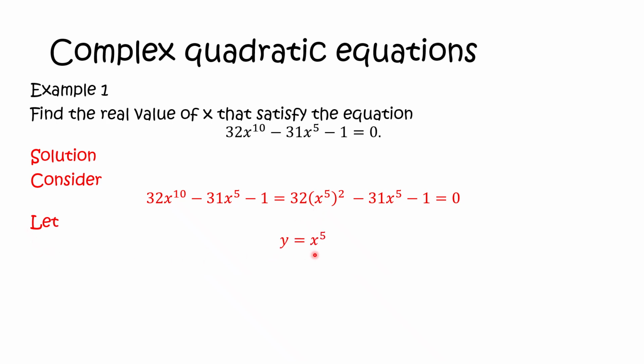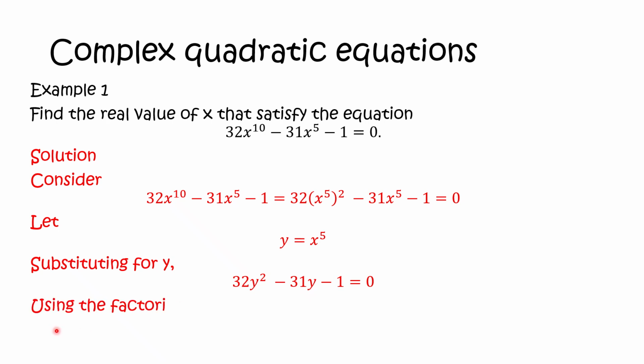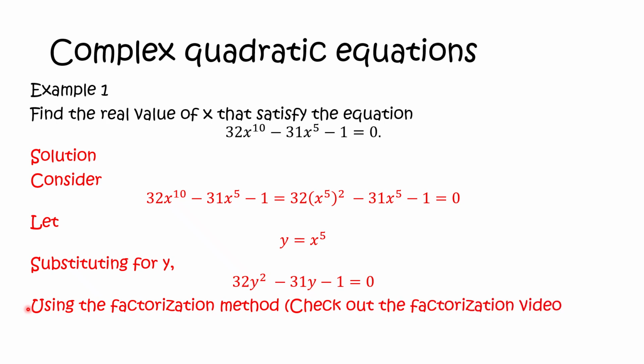Now let y be equal to x to the power 5. Substituting for y into our equation, we are going to get 32y squared minus 31y minus 1 is equal to 0. Now using the factorization method, the one that I like the most, check the factorization video out so that you benefit from it. We are going to get 32y squared minus 32y plus y minus 1 is equal to 0.